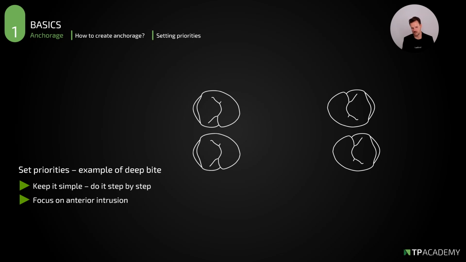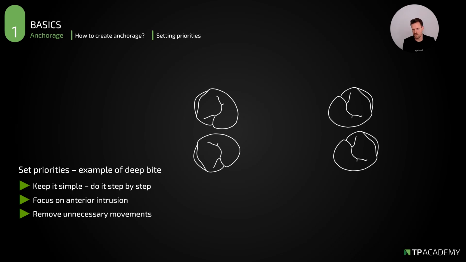So then you have your answer. And the answer in most of the cases, in 80%, is, oh yes, most important is I need to get out of the deep bite problem, out of the deep bite situation. I need to focus on anterior intrusion. And so I know I need to do it step by step. I first need to start with the anterior intrusion movements.